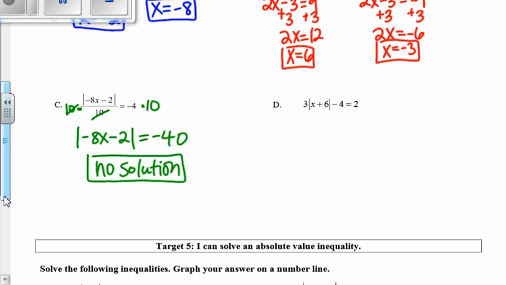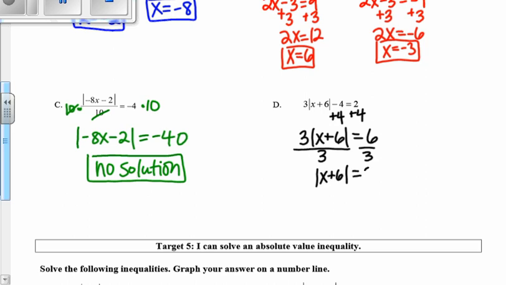All right, so on D, again, working to get the absolute value brackets by themselves. I'm going to add 4 to both sides and then divide by 3. So I get the absolute value of x plus 6 equals 2. And now I'm going to create the two equations. x plus 6 equals positive 2, x plus 6 could also equal negative 2.